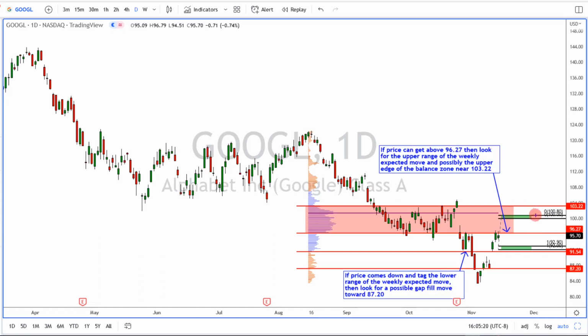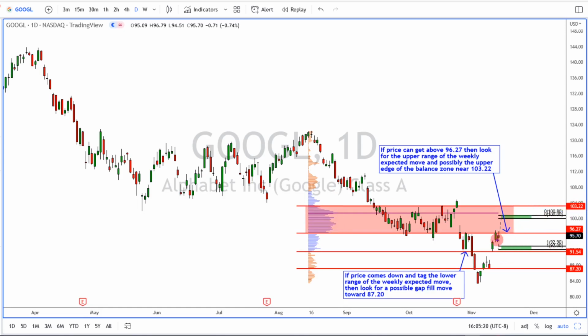And for Google, we're basically looking for Google to see would it be able to get above this 96.27 and move up to this upper range of the weekly expected move between 100 and 98. Then see would it be able to continue to move up and tag this upper edge of this balance area here at 103.22.